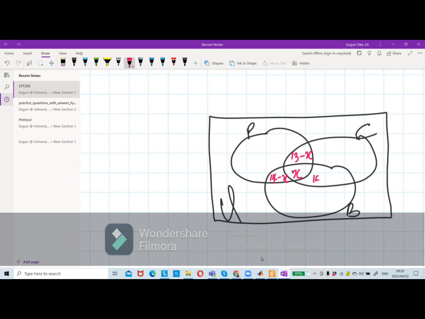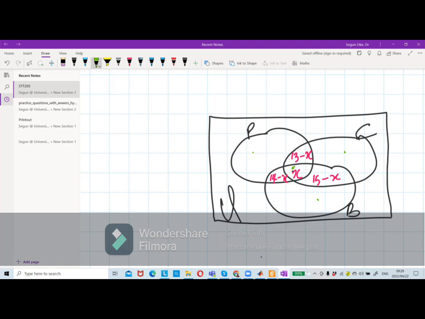We have 15 minus X. So for us to calculate physics only, we need the value. Chemistry only, we need to know and deduct it from X, or add it to X. We need to know the number of people that did this, so that we'll be able to use it.